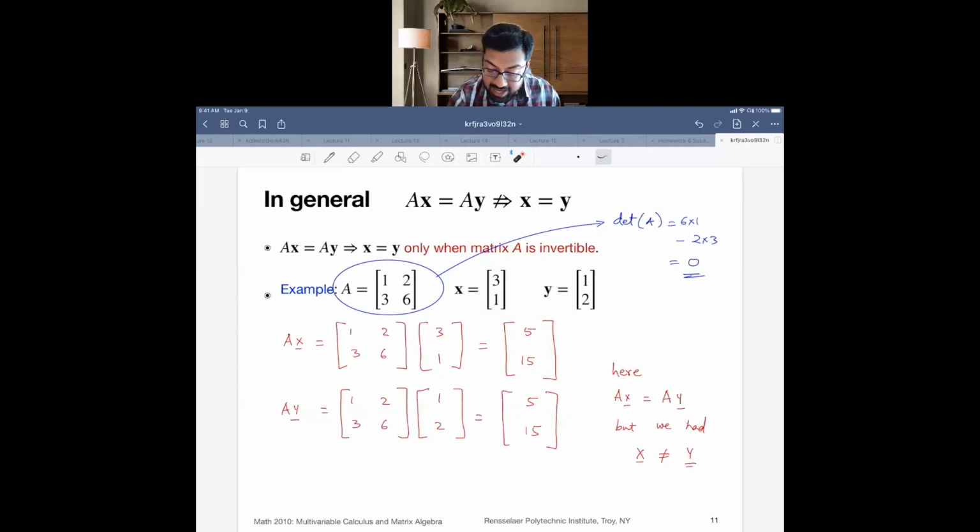But if A was invertible, then AX equals AY implies X equals Y. Questions about this? So I can say this is the reason, right?